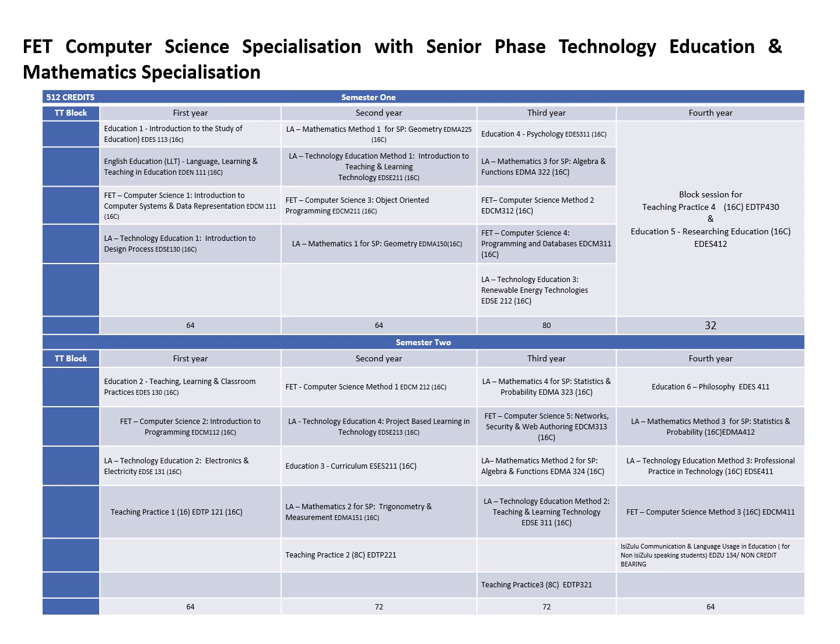This slide shows the computer science specialization with senior phase technology and mathematics. Now, when we say FET, it means you're specializing or being trained to teach that subject from grades 10 to 12. And if it's senior phase, it means you're being trained to teach that particular subject from grades 7 to 9.